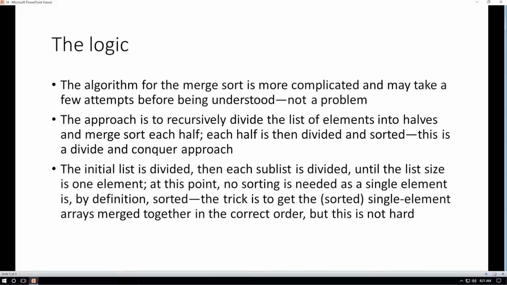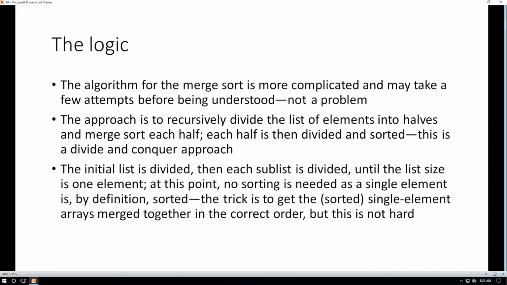The logic behind a merge sort is more complicated and may take a try or two to understand, but that's okay. It's a more clever scheme and it's based upon recursion. And like the binary search, this sort routine recursively divides a list of elements into halves and sorts each of those halves independently.